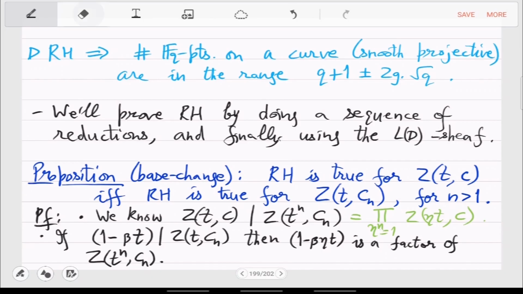Right? In fact, this is if and only if. So we have this property that if beta is an inverse root of Z(t, C_n), then beta eta is an inverse root of Z(t^n, C_n), where eta is obviously an arbitrary nth root of unity. Beta raised to 1 by n, yes, that's right.